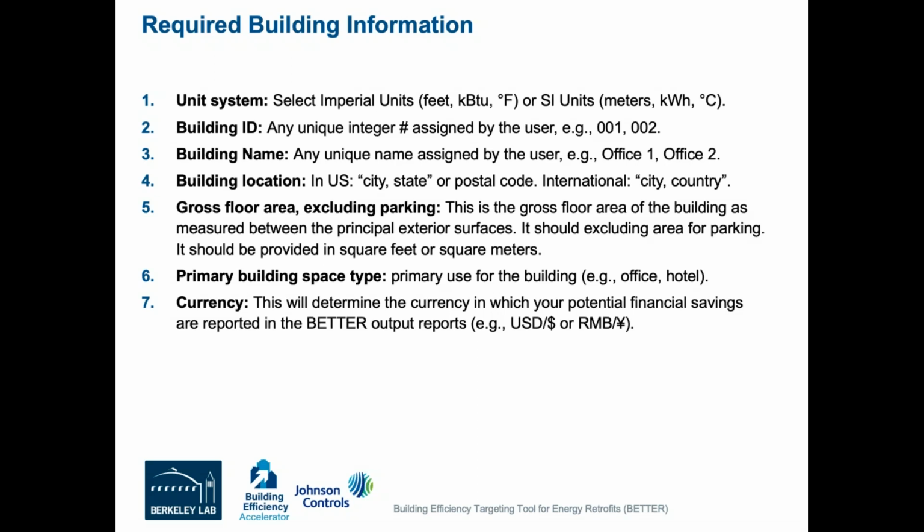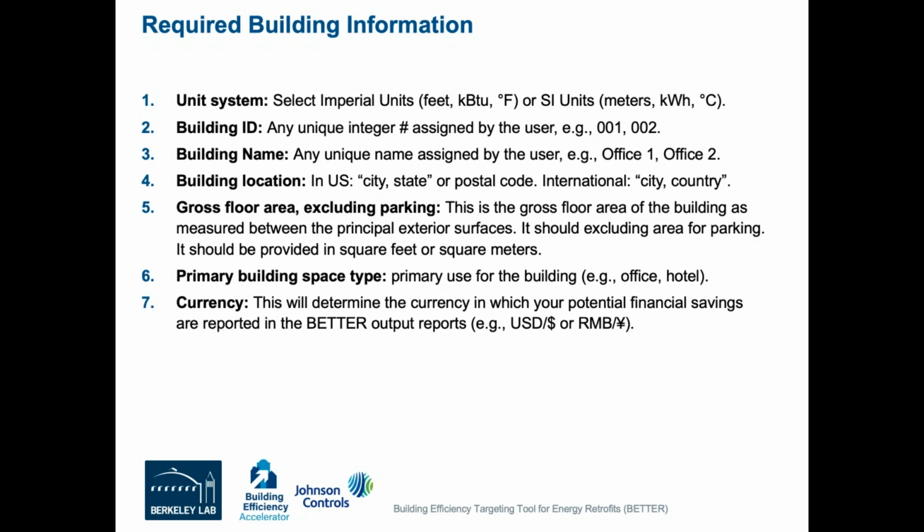We need to know, what unit system are you going to be working in? Are you going to be working with imperial units, feet, kBTU, temperatures in Fahrenheit, or are you working in standard international units such as meters, kilowatt hours, and degrees Celsius? So you need to select one of those two options.